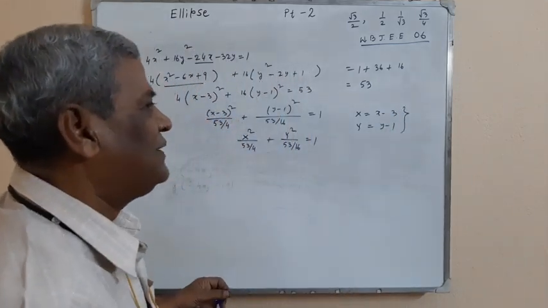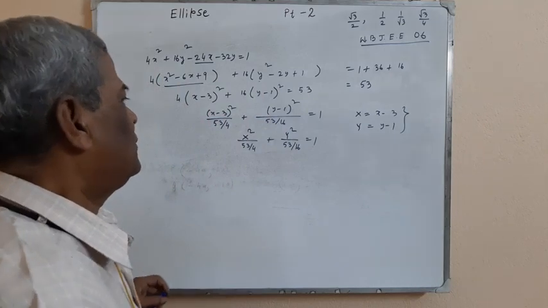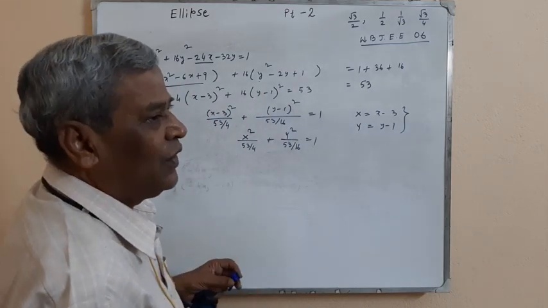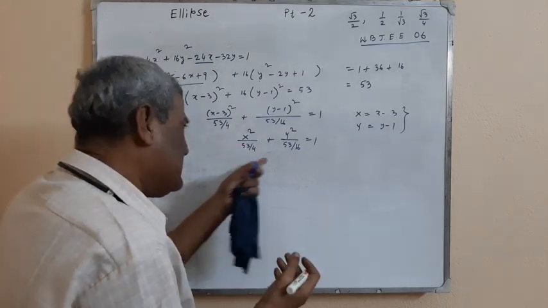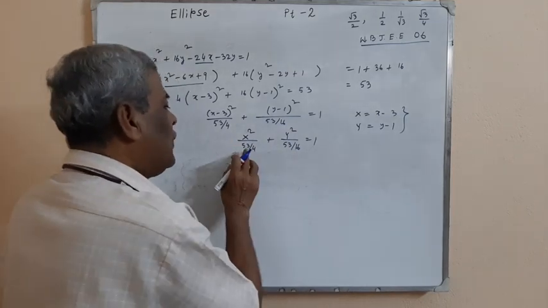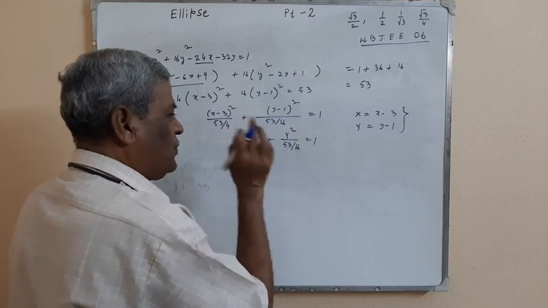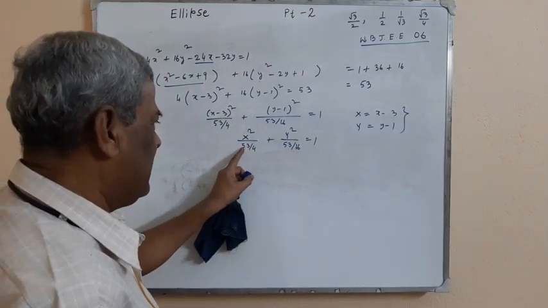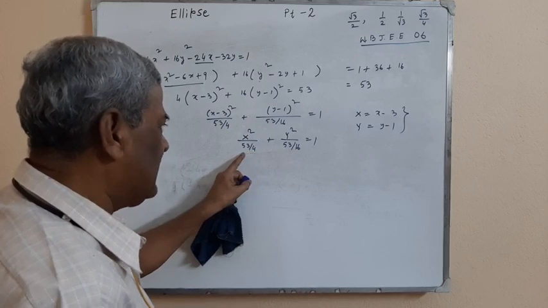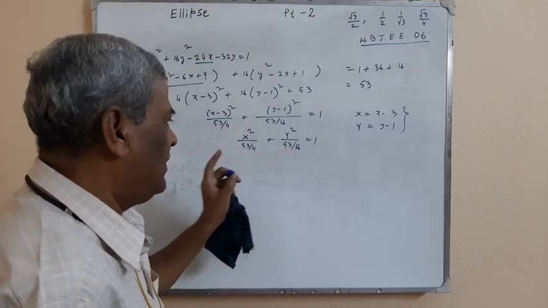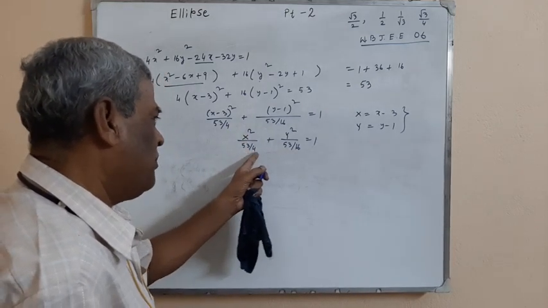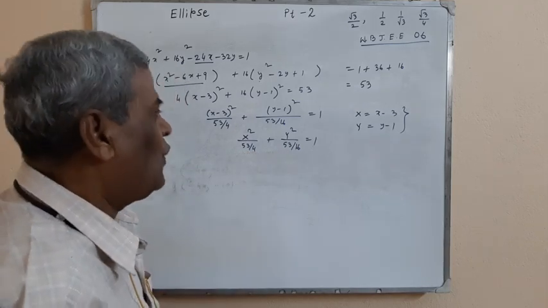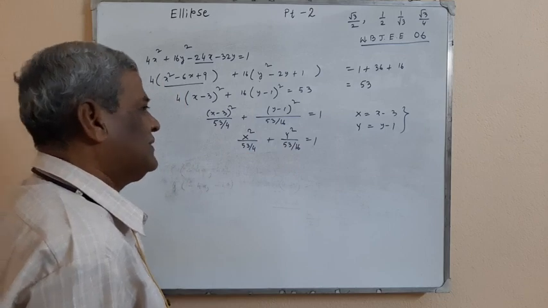Actually, I have shifted the origin. So in that standard form, a square is equal to this, b square is equal to that. A square is greater because 53 by 4 is more than 53 by 16. So the x axis is the major axis, the y axis is the minor axis.